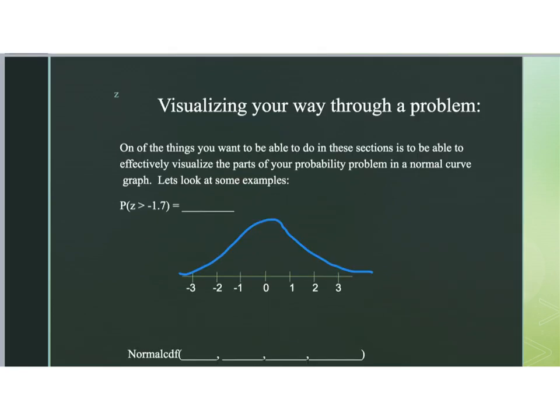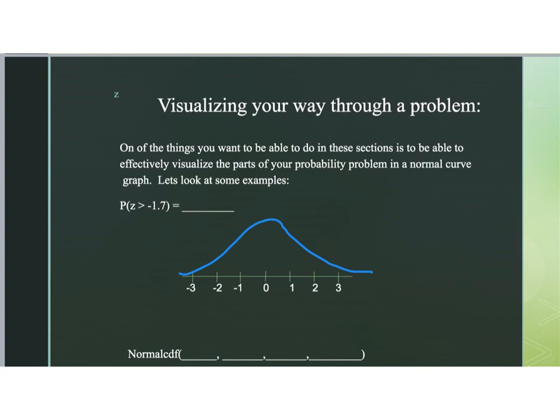So I basically just want to go through some examples here to give you a guide into how you should be visualizing and working through these problems. All the ones that I'm going to go over here are using the Z-curve, but a lot of problems that you're going to be doing also involve just real data values.